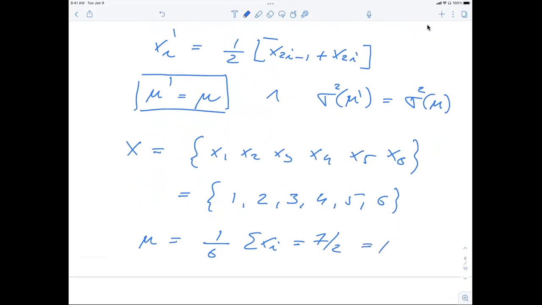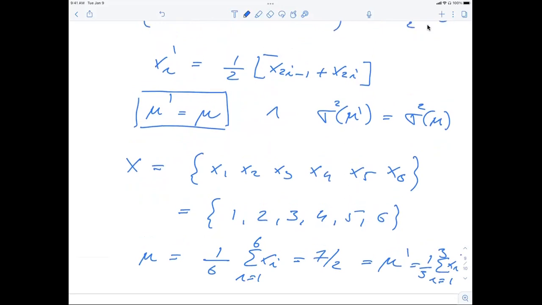And this is going to be the same if you now plug in mu, which is now going to be 1 divided by 3, with i equal 1 up to 3. Here i equal 1 up to 6. And then you're going to have this x of i prime. So if you go back and look at the expression for this x of i prime here, then when you're plugging it in, you will see you get a factor of 1/2.